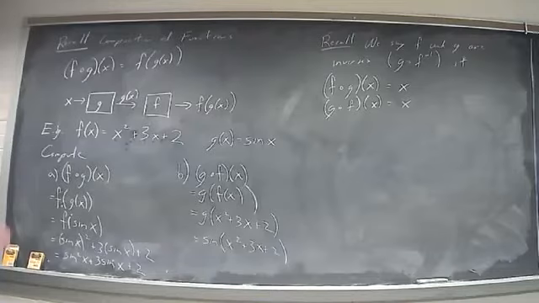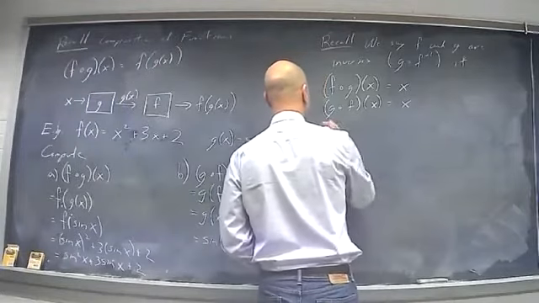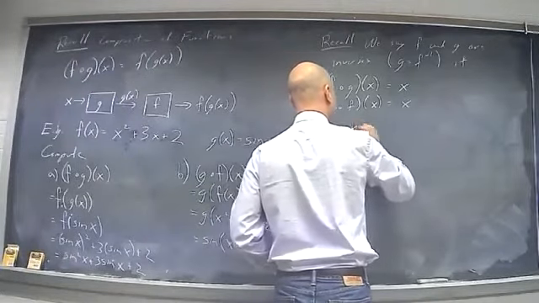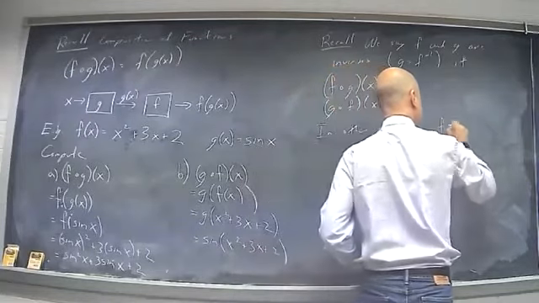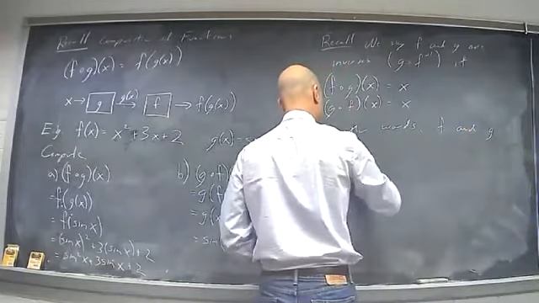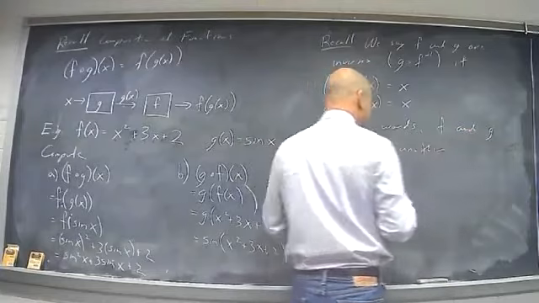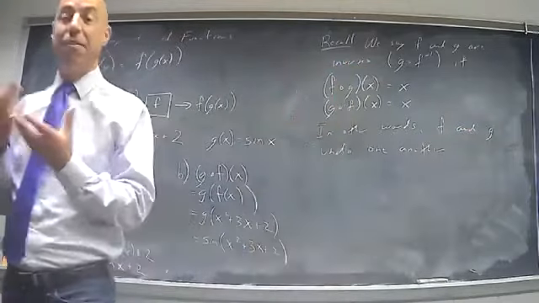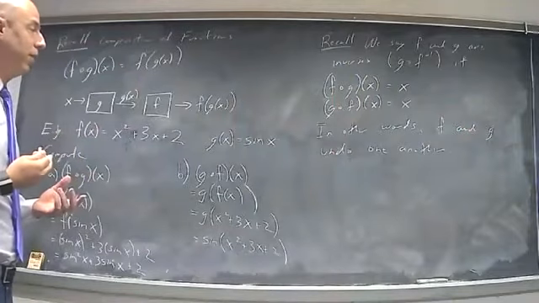In other words, f and g undo one another. f and g are reverses of each other. f and f inverse, we call g f inverse, are just reverses of one another.